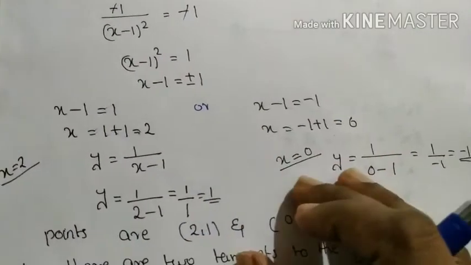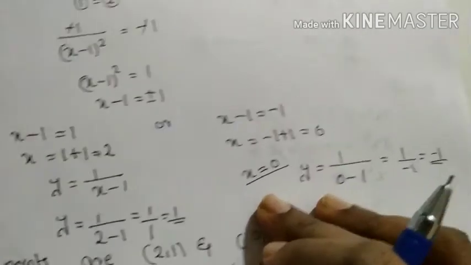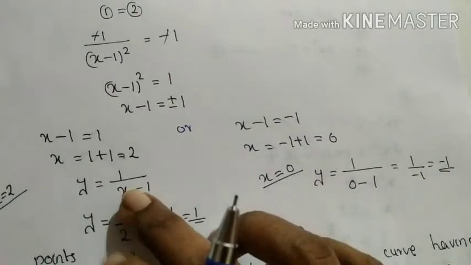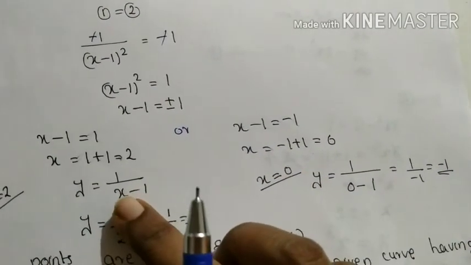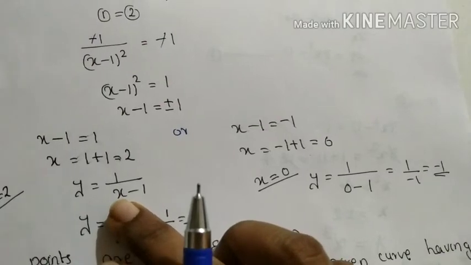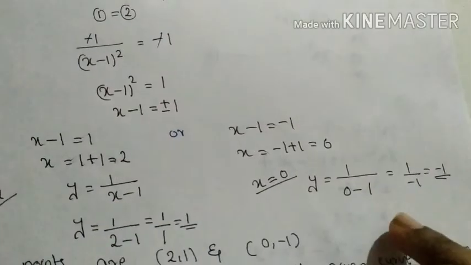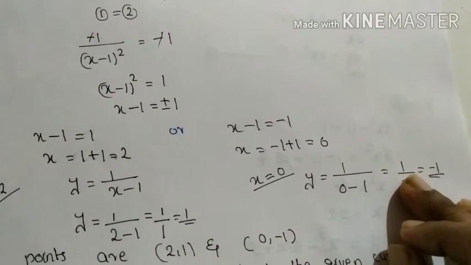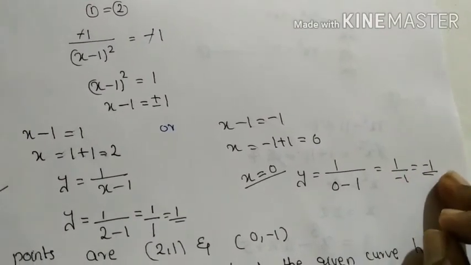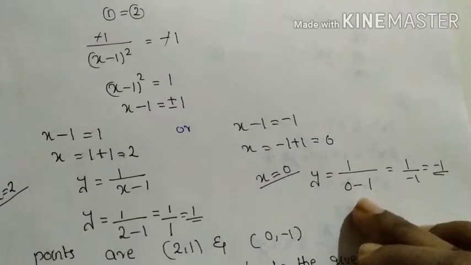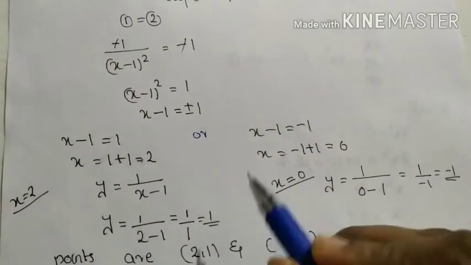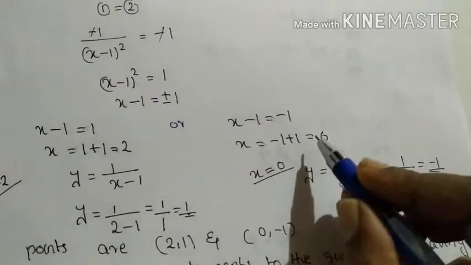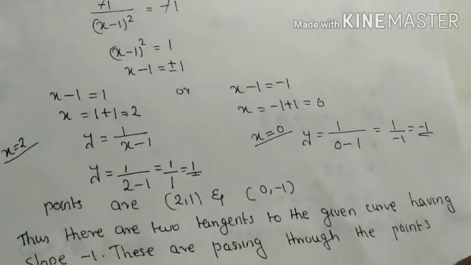Next I am going to put x equal to 0 in the given equation. Substituting 0, we get 1 divided by 0 minus 1, which is 1 divided by minus 1, further equal to minus 1. So our points are (2, 1) and (0, minus 1).